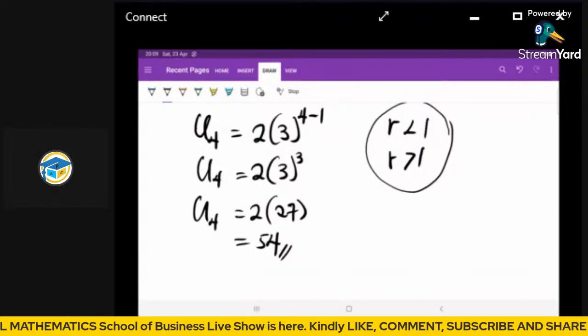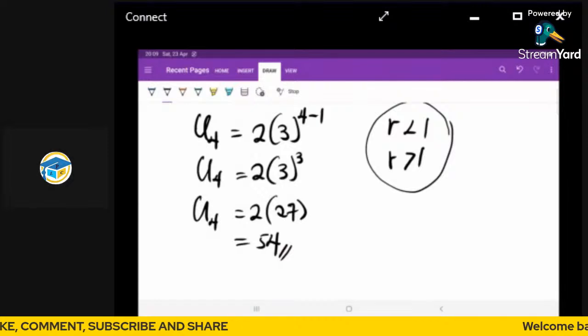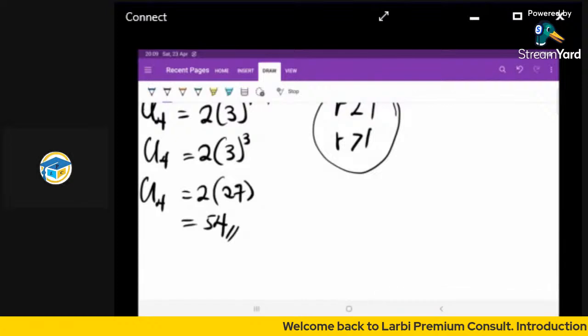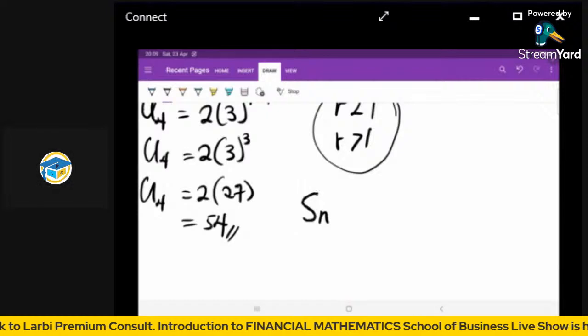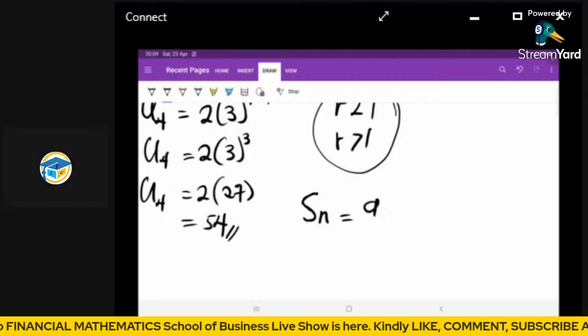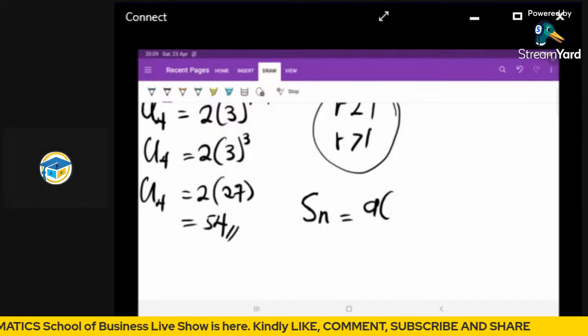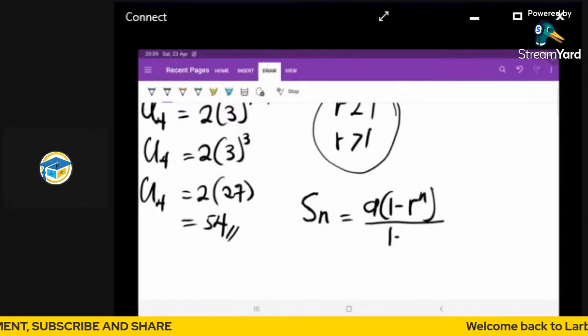So the first formula, this is how the first formula is being estimated when it comes to the sum. So when it comes to the sum of a geometric progression, we said that Xn, the sum of that particular term, is always going to give you your first term multiplied by 1 minus r to the power of n, divided by 1 minus r.